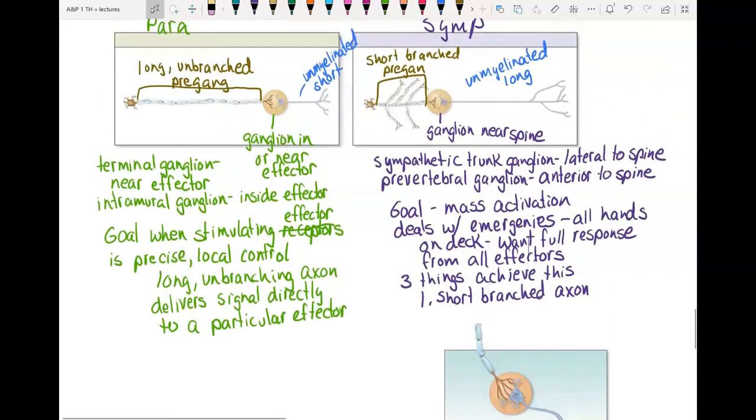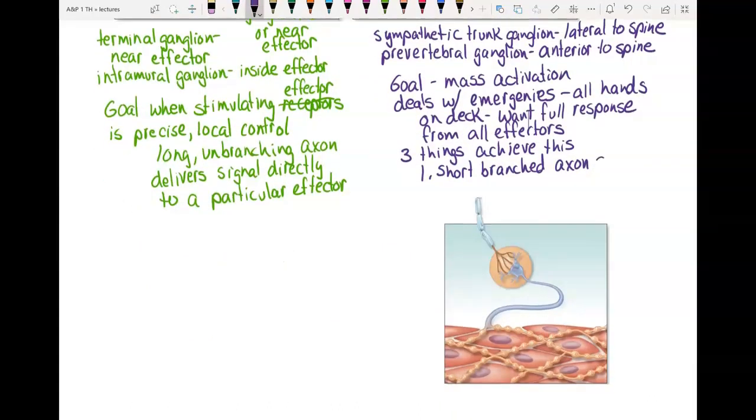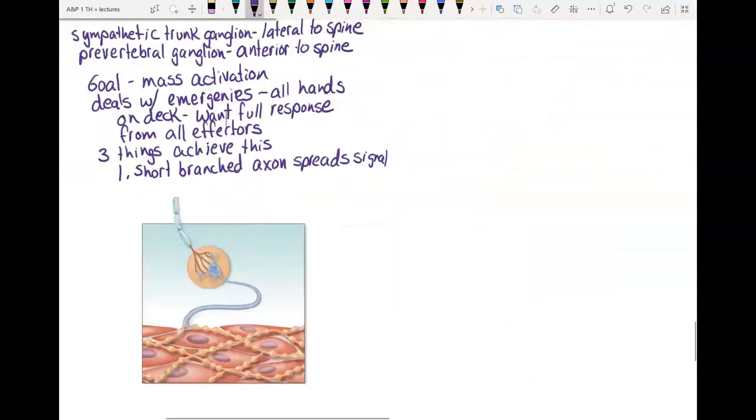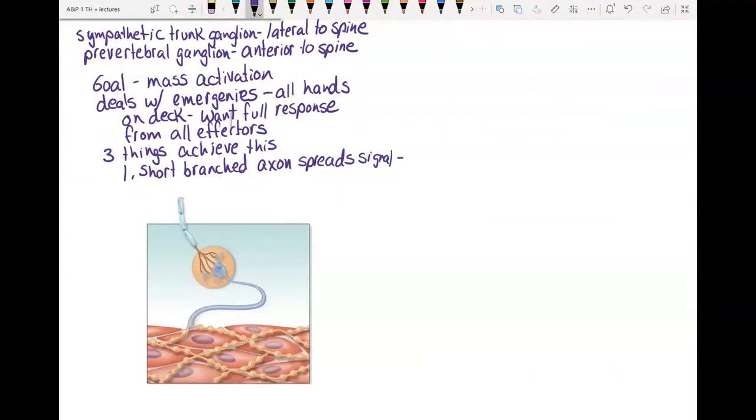So this short branched axon up here allows you to spread the signal out. And you get 2 things that happen as a result of having a short branched axon. You get convergence, which means one effector will end up receiving the signal from multiple neurons.